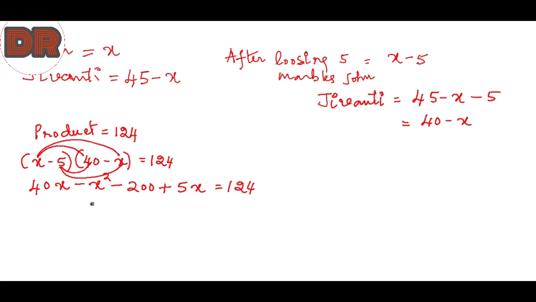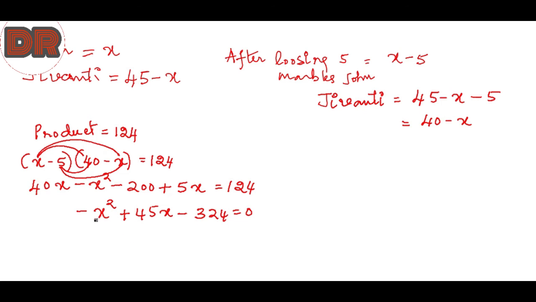Now let us simplify this. We have minus x square, and 40x plus 5x is plus 45x, and minus 200, and when 124 goes to the LHS it becomes minus 124, so it is minus 324 is equal to 0.